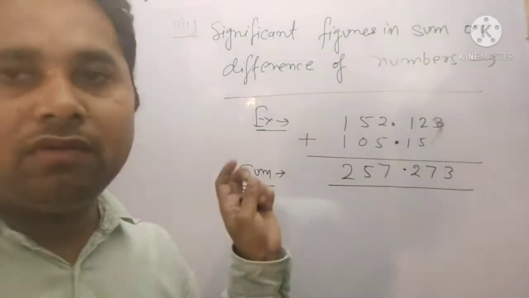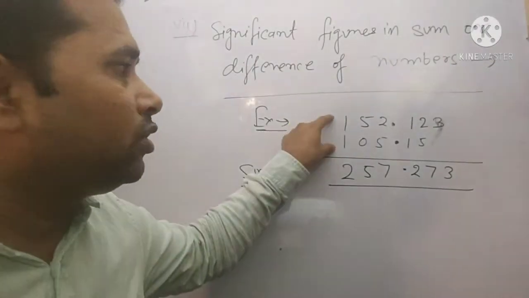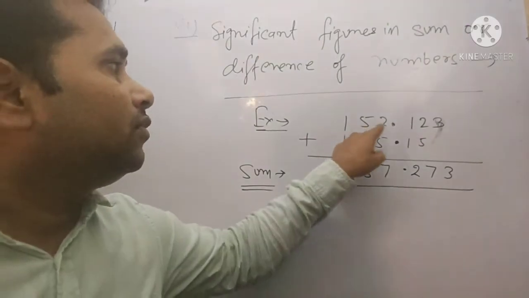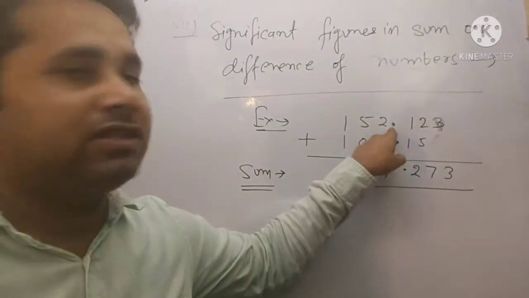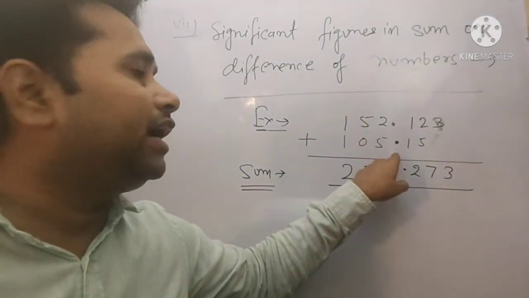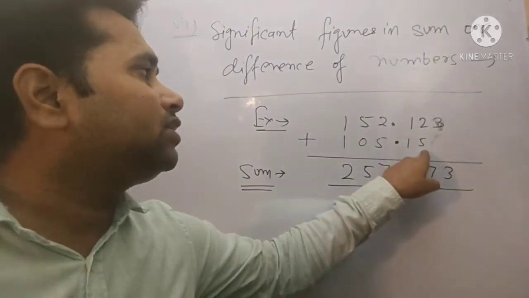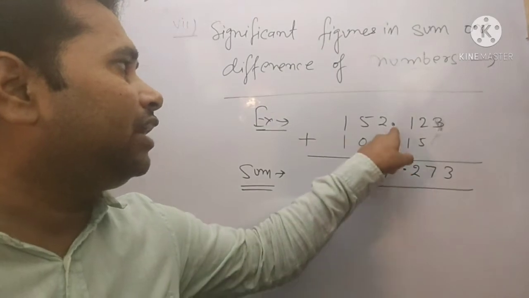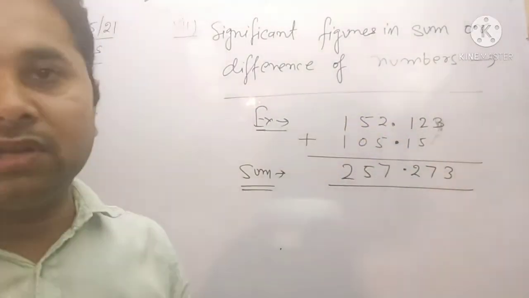Check, these two are our original numbers. In the first number there are 3 digits after the decimal. In the second there are just 2 digits after the decimal.